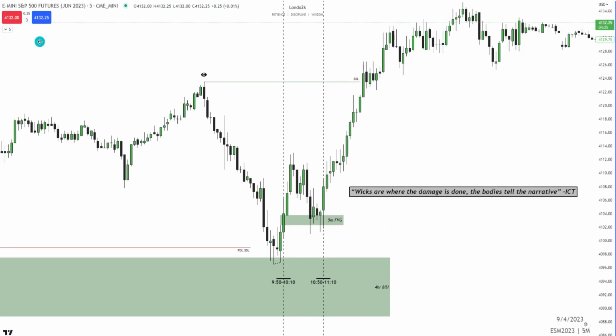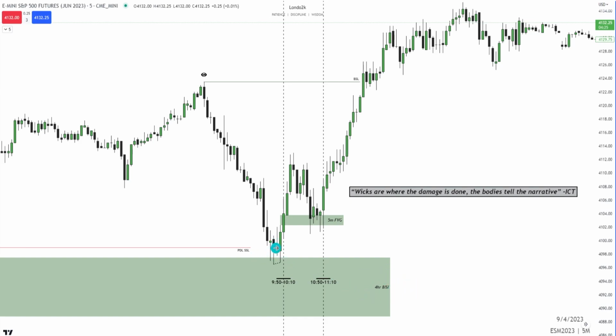This is that previous day over here, coming into the next day on Thursday. Off the open at 9:30, we make a Judas swing lower to take out previous day low and also dip into that 4-hour BISI that we saw a while ago.